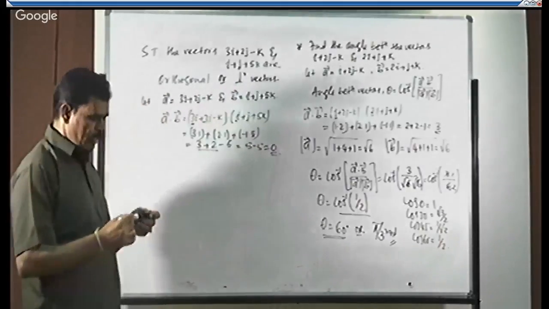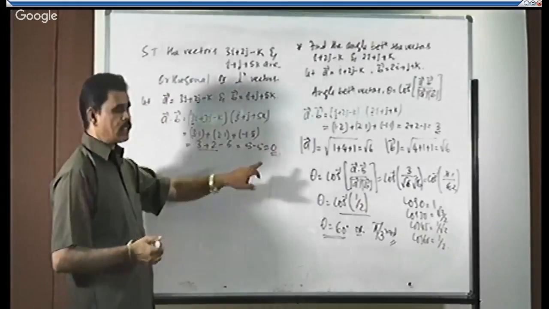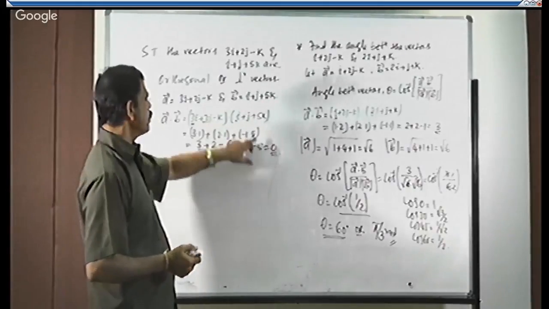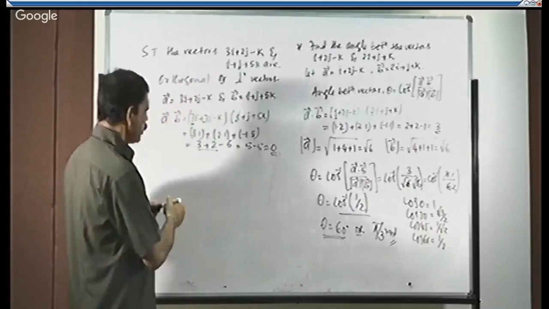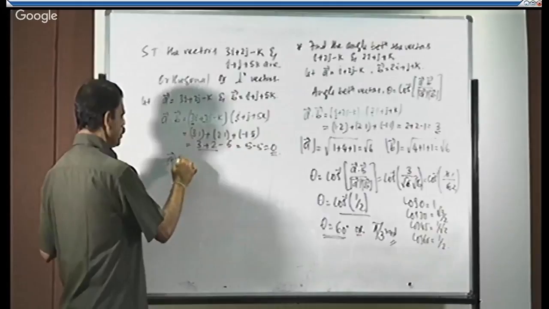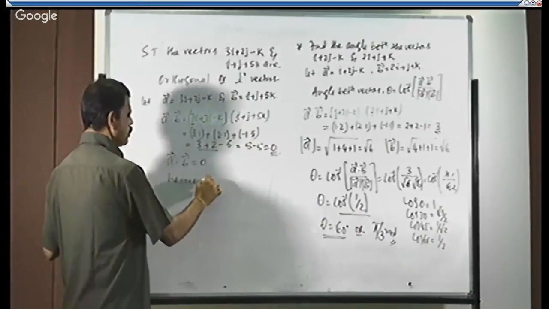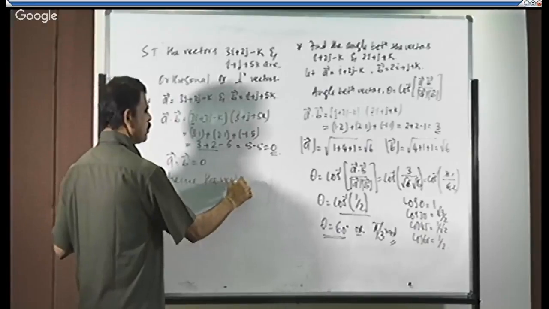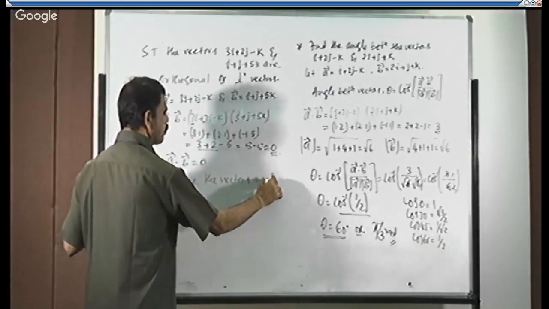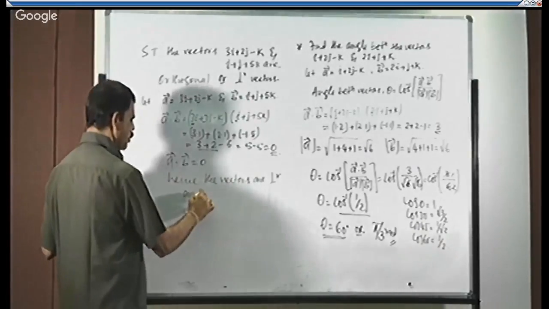So the dot product of the given vectors is 0. Hence we can say that the vectors are perpendicular. A dot B is equal to 0. Hence the vectors are perpendicular or orthogonal.